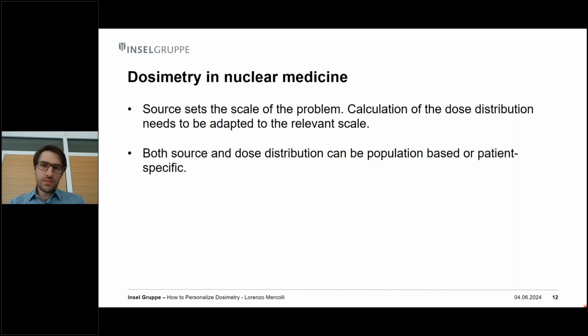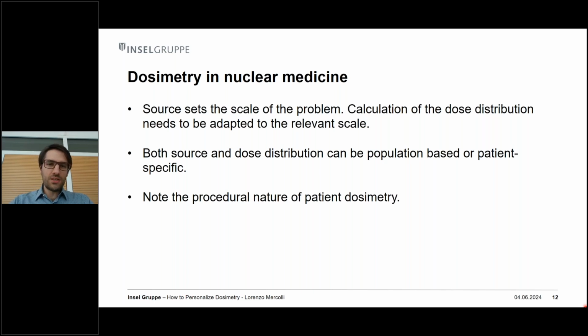When we think about personalization, of course, we can have both the source and the dose distribution taken from some population average or really from the patient we're looking at right now.